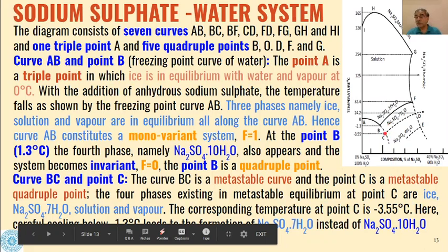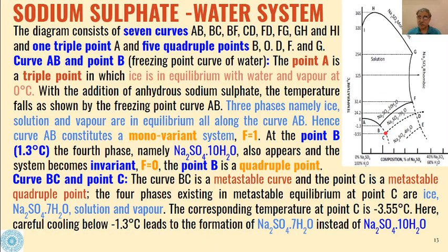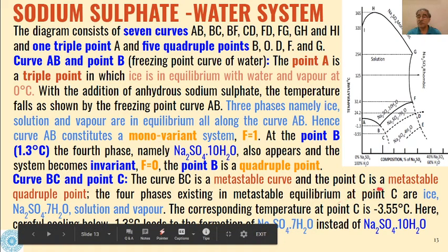This is a metastable quadruple point because we can reach C from B but not B from C. That is, by cooling from minus 1.3 to minus 3.55, this point can be reached, but we cannot heat from minus 3.55 to minus 1.3 to achieve point B. So that is why point C is a metastable point.